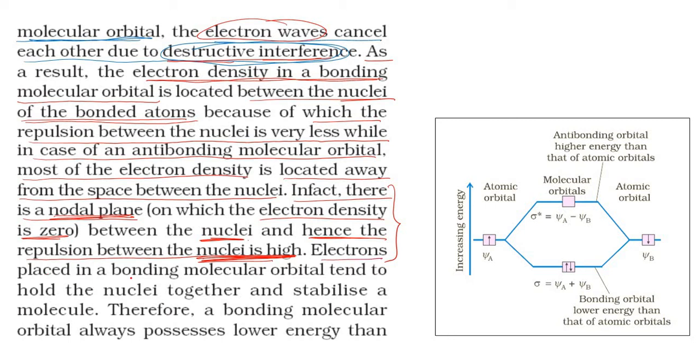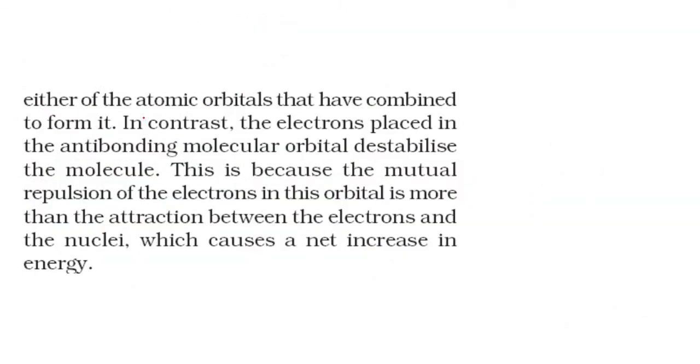Electrons placed in bonding molecular orbital tend to hold the nuclei together and stabilize a molecule. So whenever electrons are present in bonding molecular orbital, the molecule will be stabilized. Therefore, bonding molecular orbital always possesses lower energy than either of the atomic orbitals that have been combined to form it, right?